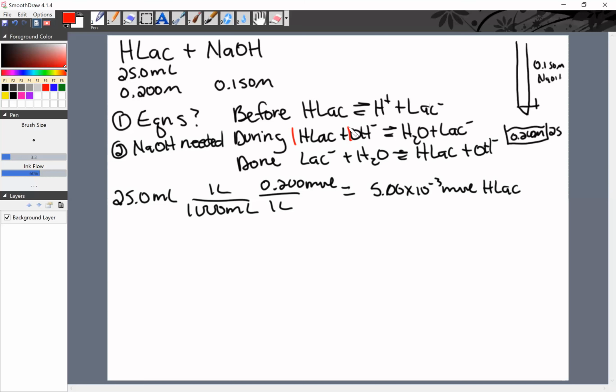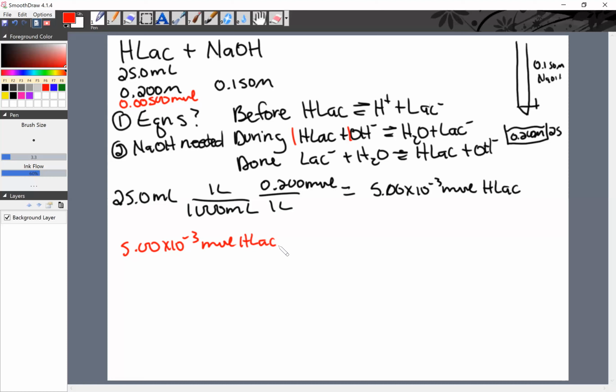Okay, so I'm going to put a little note to myself up here. This is 0.00500 moles. How much of the sodium hydroxide do I need? Well, in this case, it's a 1-to-1. I hope you're having visions back to Chem 111.